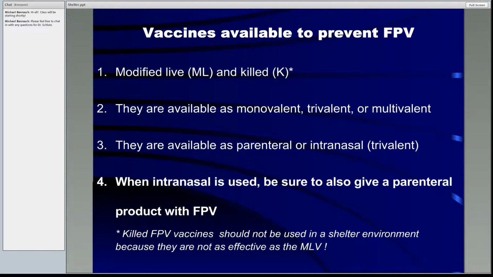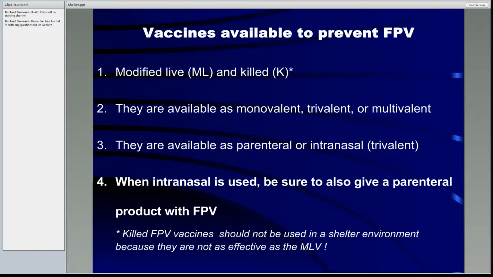One of the things we found about 15 years ago is that we hadn't seen outbreaks of panleukopenia in shelters for years. And then all of a sudden, they're popping up around the country, and we're wondering what happened. Did the panleukopenia mutate, or aren't the vaccines working?